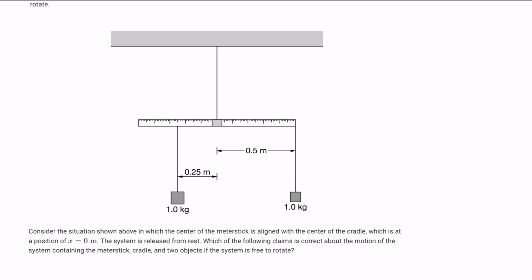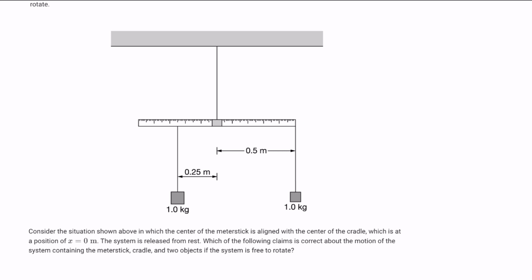Before we even look at the answer choices, and this is how I always do it, I investigate what's going on in the figure. Since these two masses are the same, and gravity acts on both with the same acceleration, we're going to have a net torque downward on one side of the meter stick.